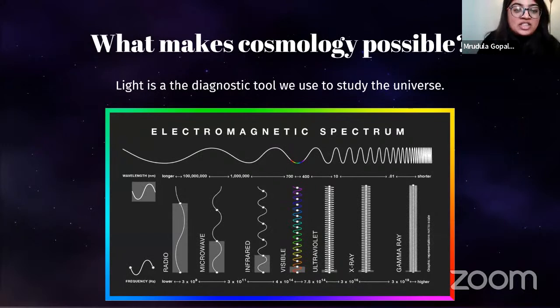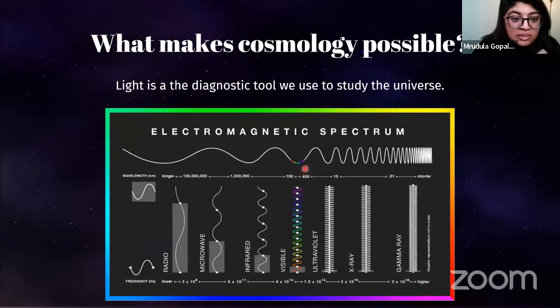But light is actually a spectrum. It consists of things we can see and things we can't see. Here is an electromagnetic spectrum, which you probably have seen before. What I want to highlight is that visible light, the light that allows us to see, makes up a very small part of the spectrum.